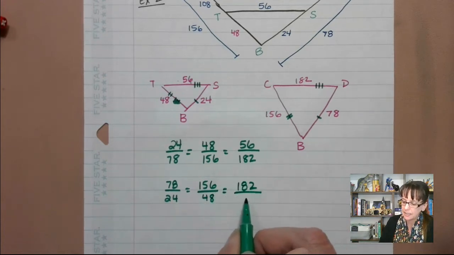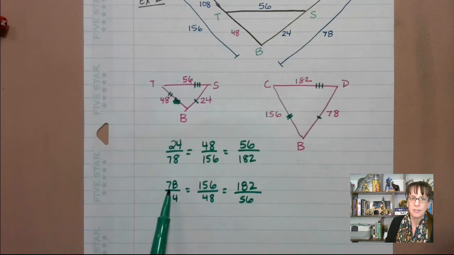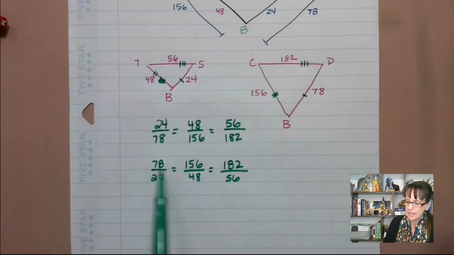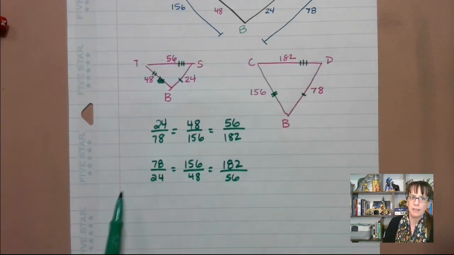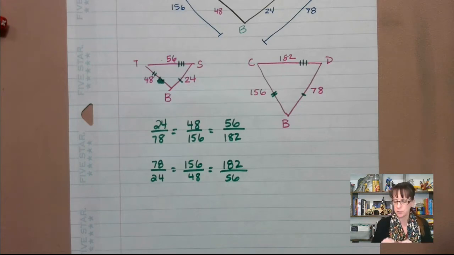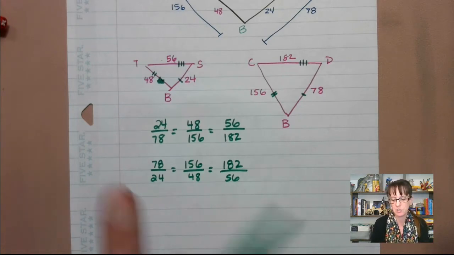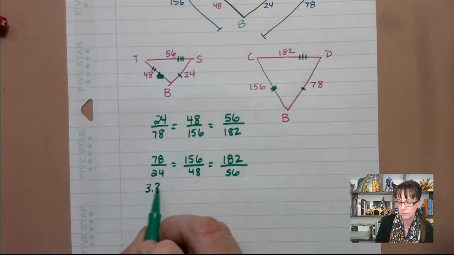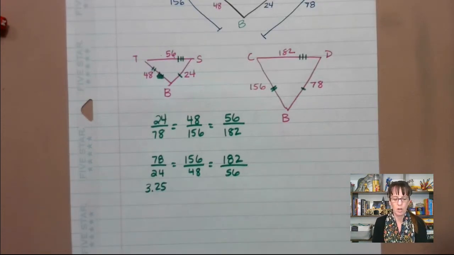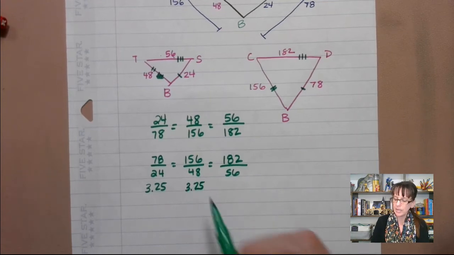You'll see I've got 78, 156, 182 on top, and the smaller ones all on the bottom. You don't want to mix and match. If I did 24 divided by 78, I got a weird number, so let's do 78 divided by 24, and that gives me a much nicer number: 3.25. Now 156 divided by 48, again I get 3 and 25 hundredths.